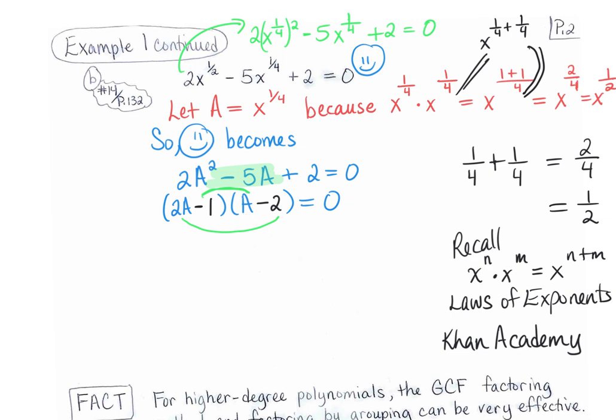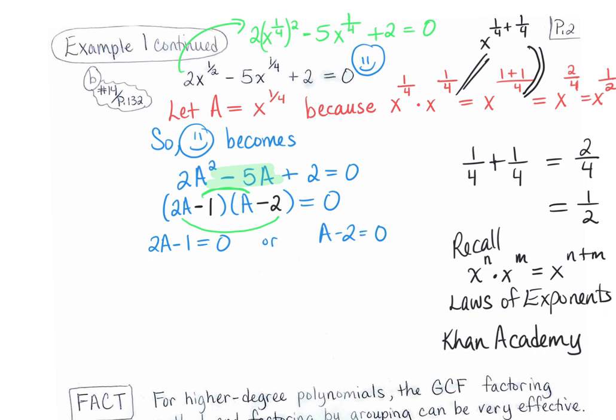Okay? We good? Yes? No? Yes. Okay. So then we're at a point where we can set each factor equal to 0. So we have 2A minus 1 equals 0, or we have A minus 2 equals 0. Solving the first, we do what to both sides? No, we don't subtract because it says 2A minus 1.